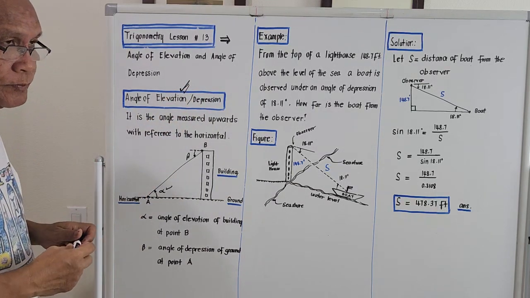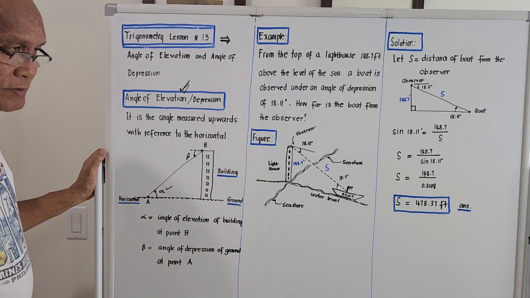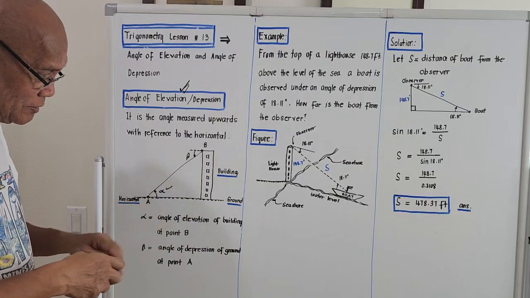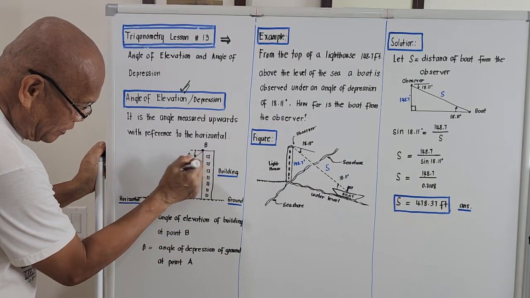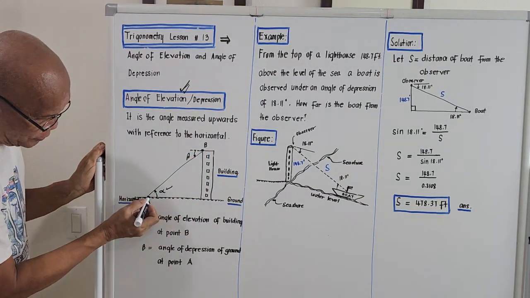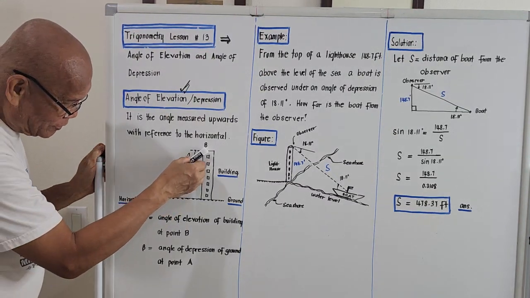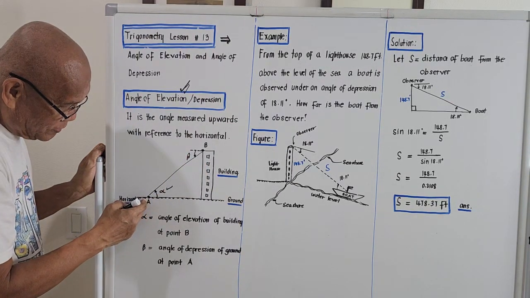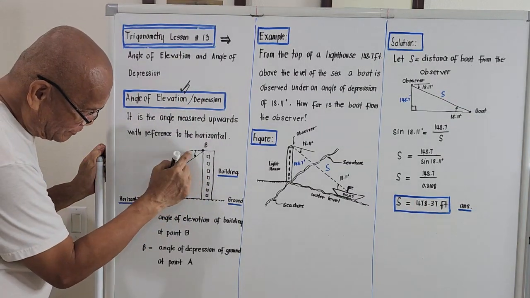For the so-called angle of depression, it will be the reverse. The angle of depression will be something like this. We got a person maybe here with a transit to observe this point A here. If he projects that transit going down, hitting this point A, what he will be getting from that transit reading will be beta.